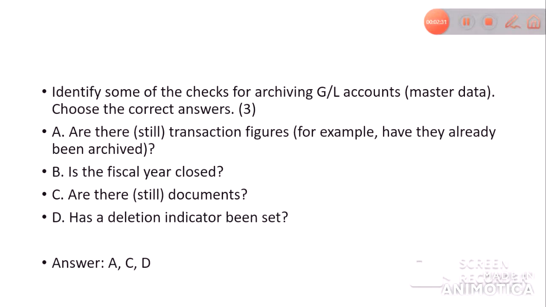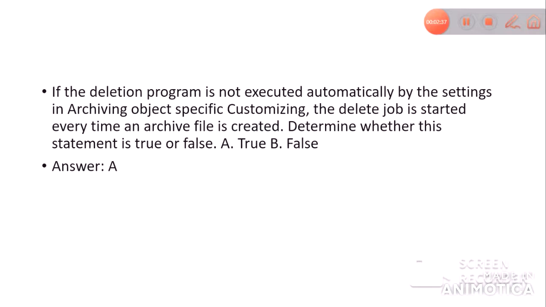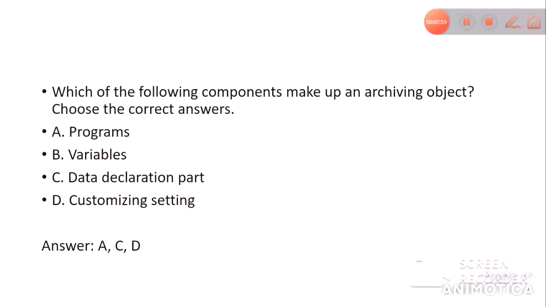If the deletion program is not executed automatically by the settings in archiving object specific customizing, the delete job is started every time an archive file is created. Yes, the delete job is an important step. Which of the following components make up an archiving object? So they're saying programs, data declaration part and customizing settings.